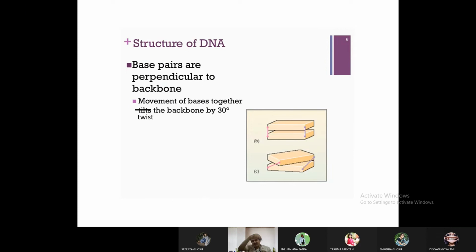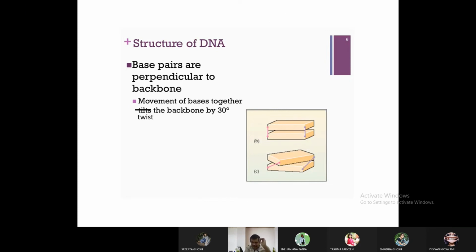But to get a full 360 rotation, how many base pairs are required? Just now we found 360 by 30 equals 12. So there is some anomaly, correct? So using a 30 degree twist, you cannot get a full 360 degree rotation.